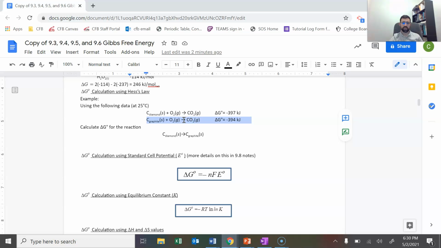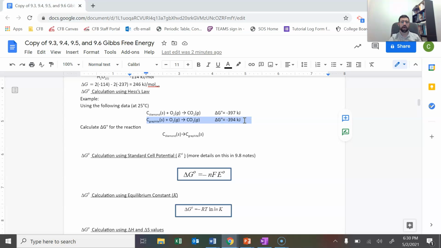If I flip this reaction around, the carbon dioxide would become an intermediate, and you could think of the oxygen as being a catalyst, so to speak. And remember, if you flip it around, just like with an enthalpy value, the delta G is going to become the negative of whatever it is right now.